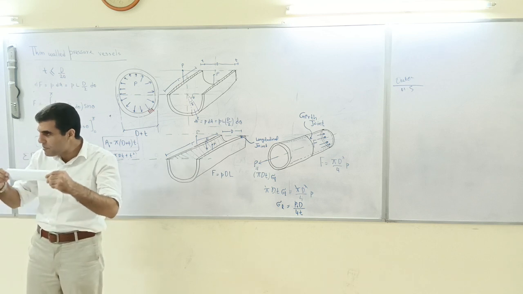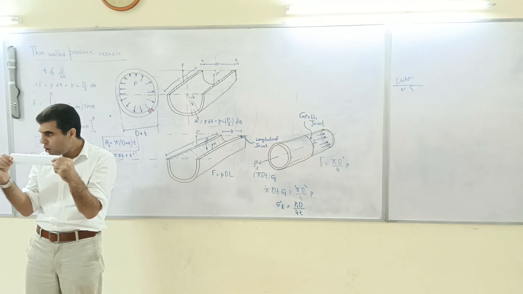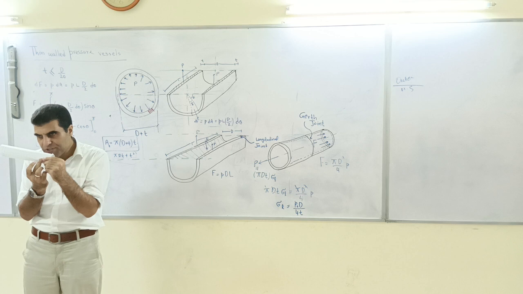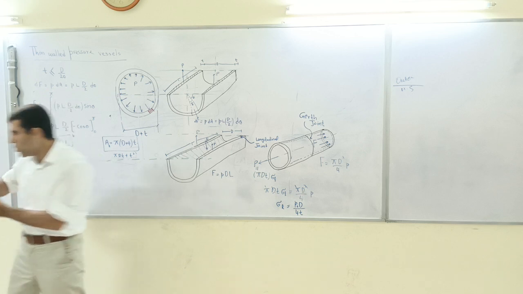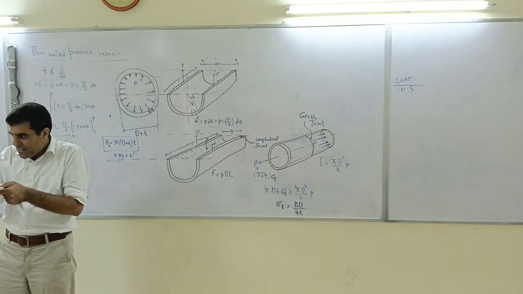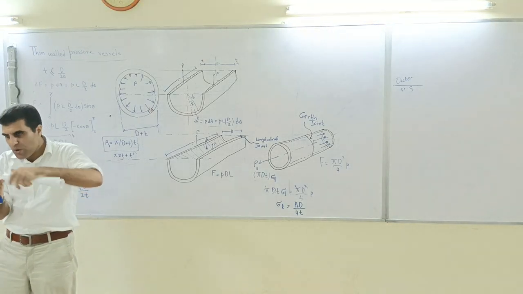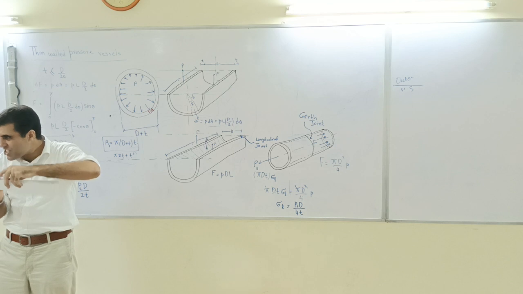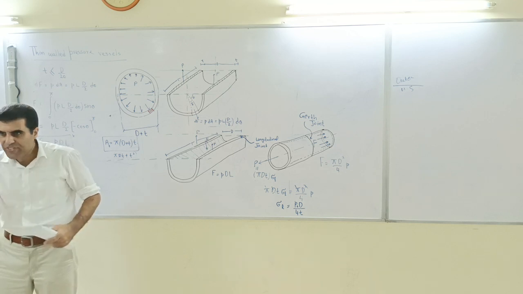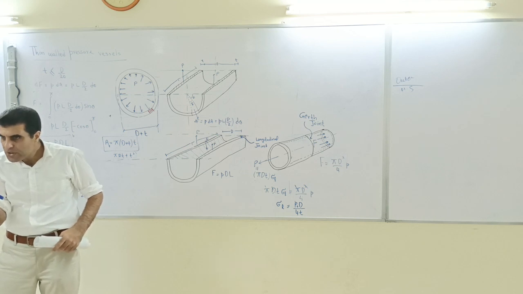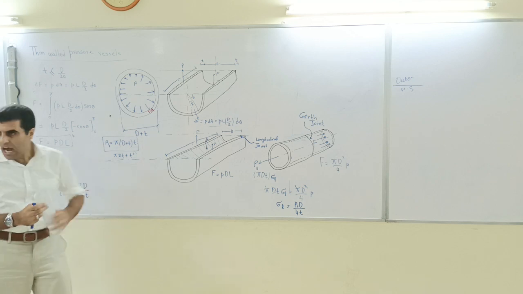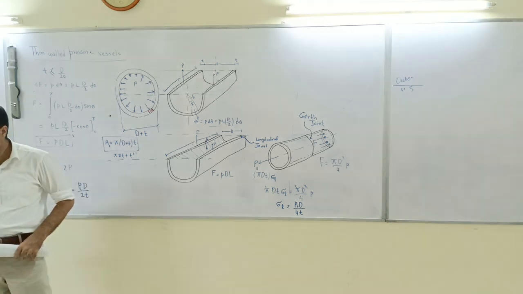If instead of staple, this is a steel plate and there are screws over there, the screw will be in shear, isn't it? Because if I put a screw over here, it will be under shear stress. So if you know the shear stress resisted by one screw, you can find out based on this P how many screws you can have.